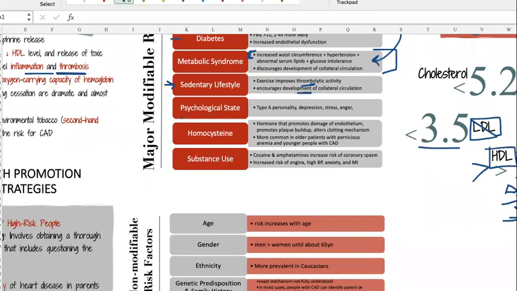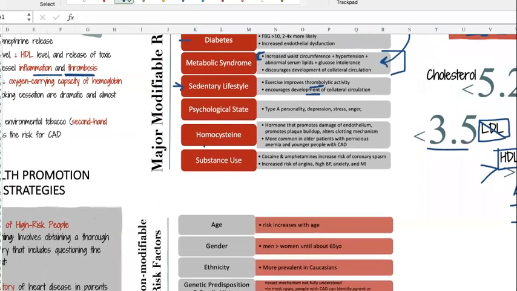It's really, really important to understand the psychological state, how it can affect your risk for coronary artery disease. So I think I saw a lot of slides or information on the Framingham study, which is basically just this ongoing study. It's been done in Framingham, Massachusetts.